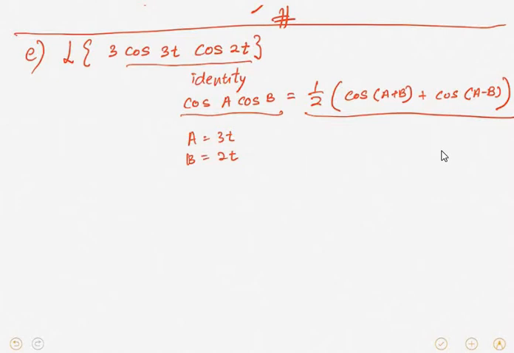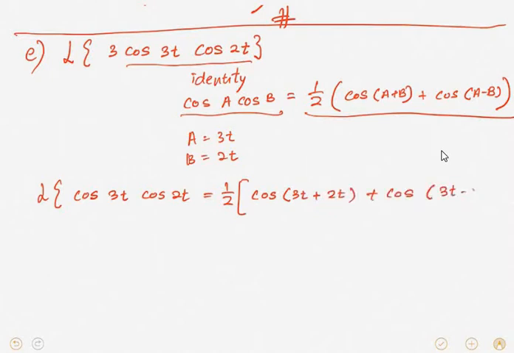So the Laplace transform of cos 3t cos 2t is half of cos 3t plus 2t plus cos 3t minus 2t. 3t plus 2t is 5t, plus cos 3t minus 2t is t.